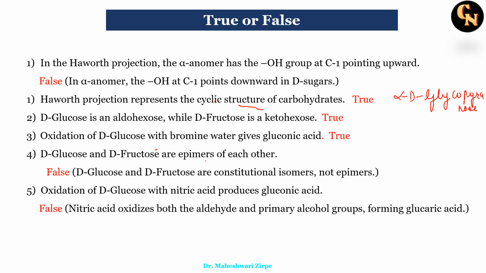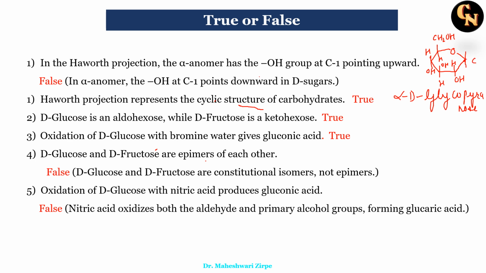So here if you show the Haworth projection, it will look something like this. O, 6-membered ring. Okay, then you have to represent the carbon hydrogens, H, OH, then your H, here will be your OH, then your OH, H, and this is called your carbon, which is going to be C1, after oxygen the first carbon.